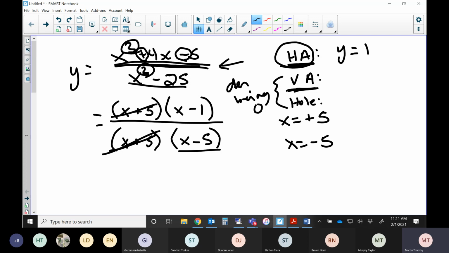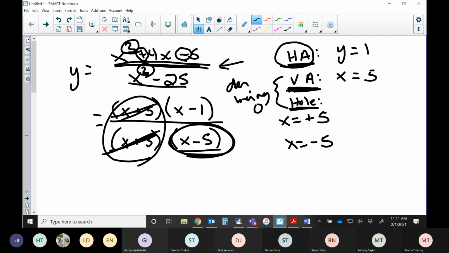The one that is canceled out creates the hole. The one that remains is a vertical asymptote. So for this one, x equals 5 is going to be our vertical asymptote. So we have a vertical asymptote at x equals 5. We actually have a hole at x equaling negative 5.